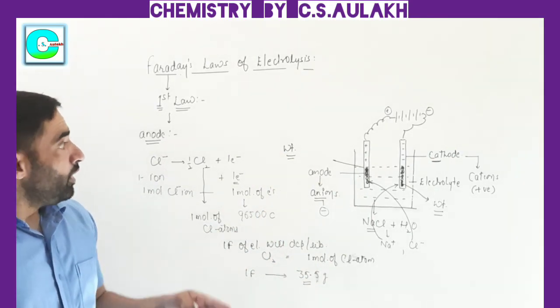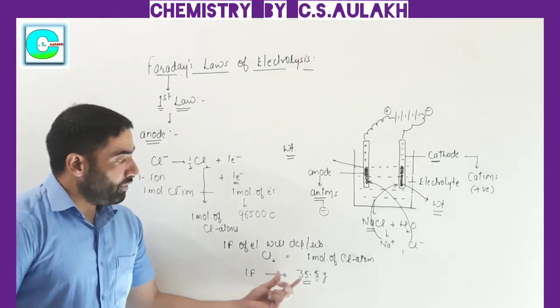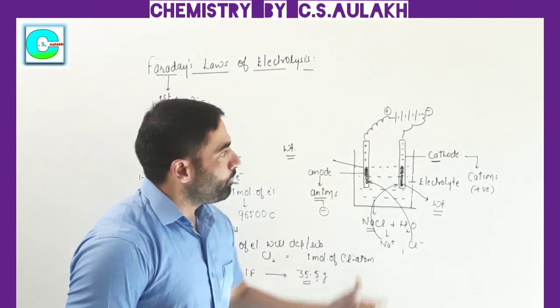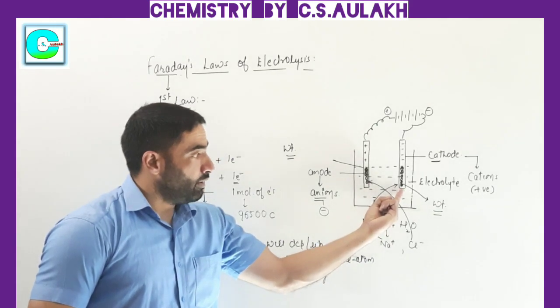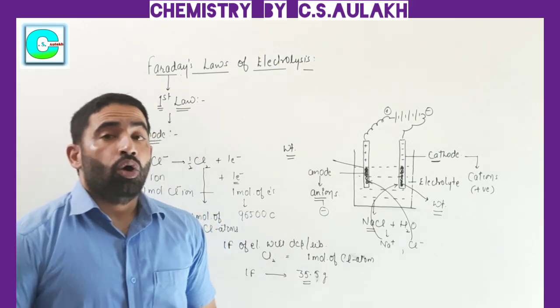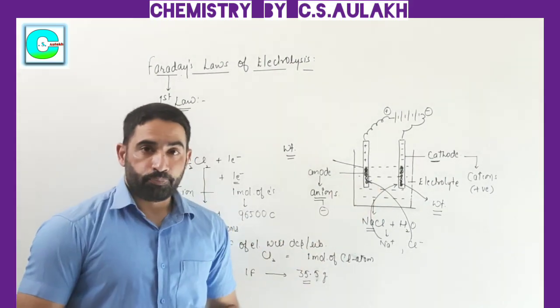So how will you write the statement of this law? We can write like this: with the help of the quantity of electricity we are passing through the aqueous solution, we can determine the mass of the substance that will be liberated or deposited over the surface of these two electrodes.